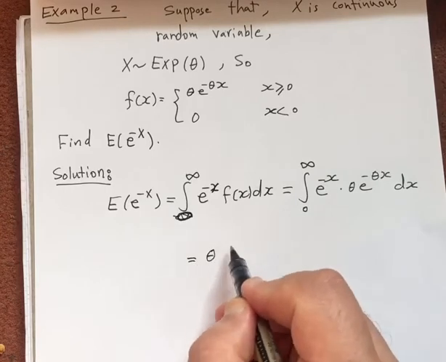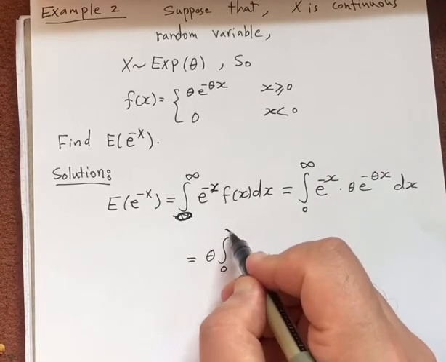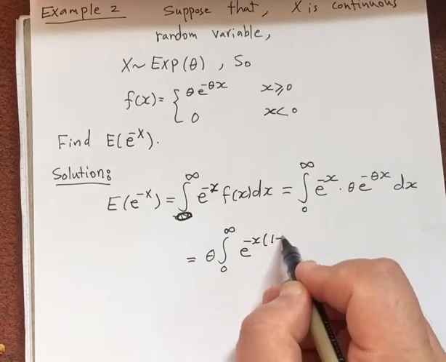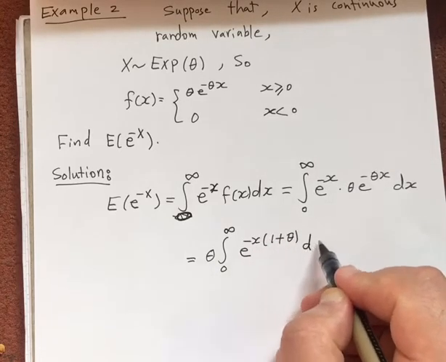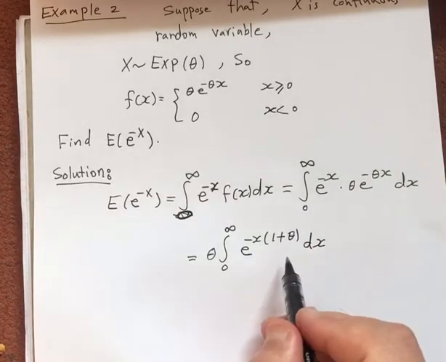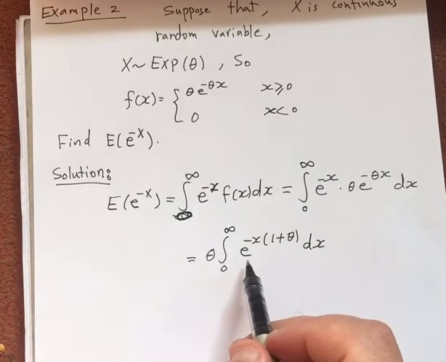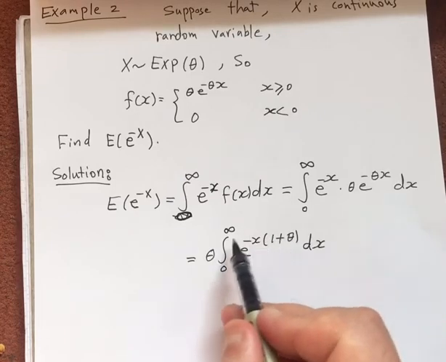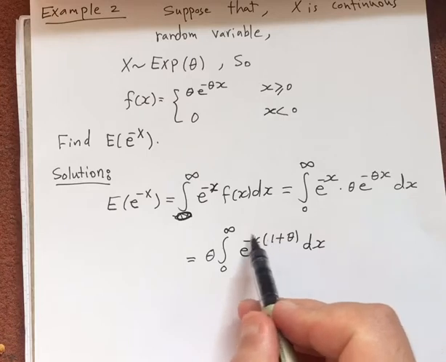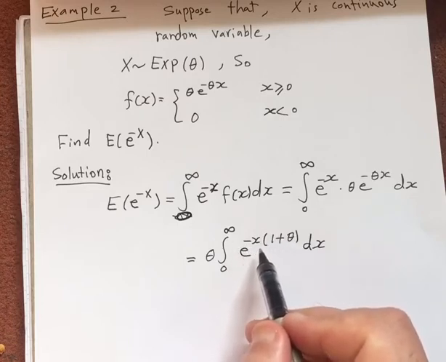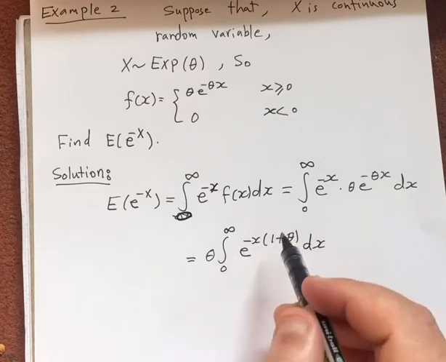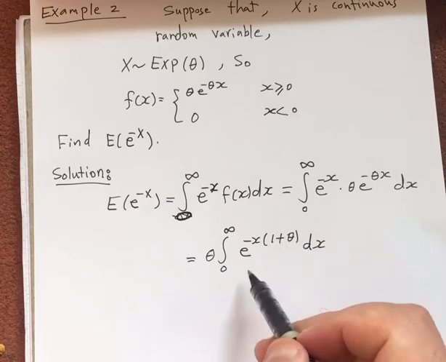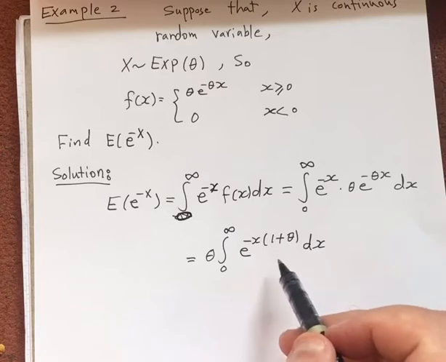Now we'll take theta out of the integral, so it is theta times the integral from 0 to infinity of e to minus x times 1 plus theta dx. Because we want the integral of e to minus x times 1 plus theta, we need the differentiation of e to minus x times 1 plus theta with respect to x.